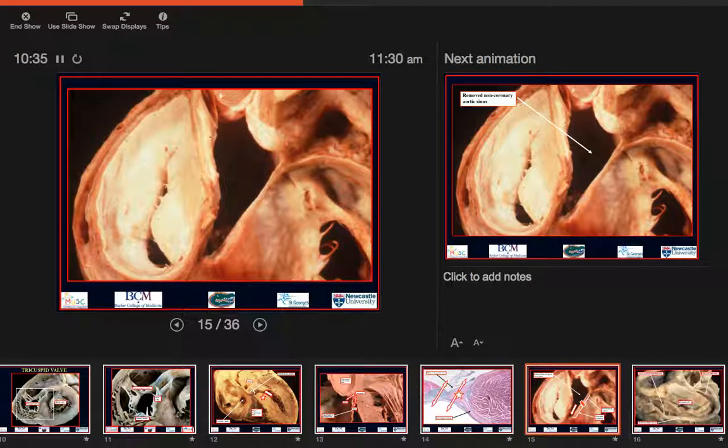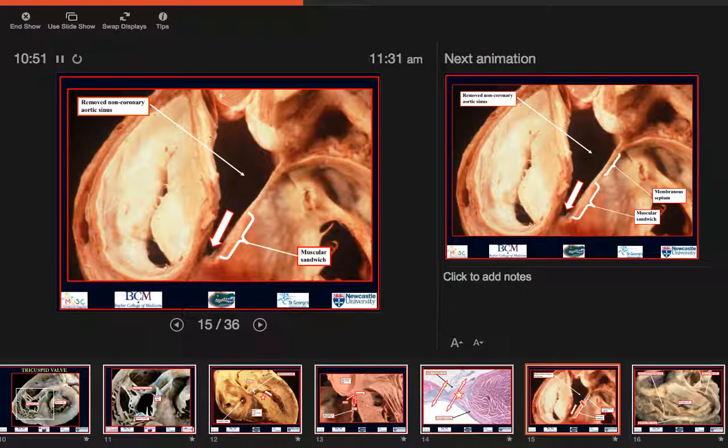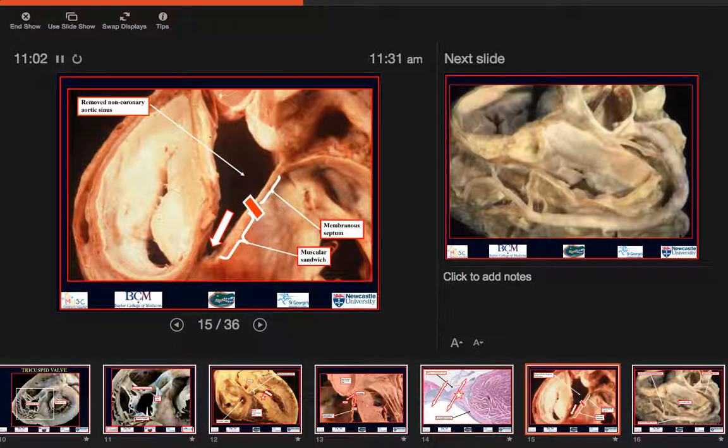So here is a heart where I've dissected away the non-coronary sinus of the aortic valve, and you see that there is a recess that reaches almost to the crux of the heart. This is the inferoseptal recess, and it interposes between the triangle of Koch and the attachment of the mitral valve at the crux. And in front of that is the membranous septum, and that is where we find the atrioventricular conduction axis, and that will remain the situation in the setting of Ebstein's malformation.